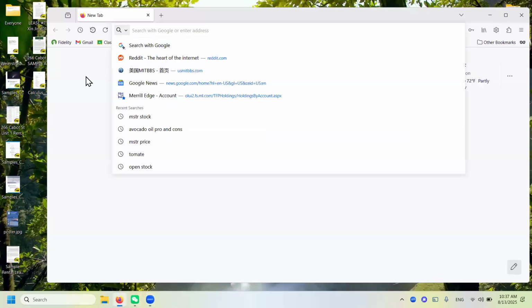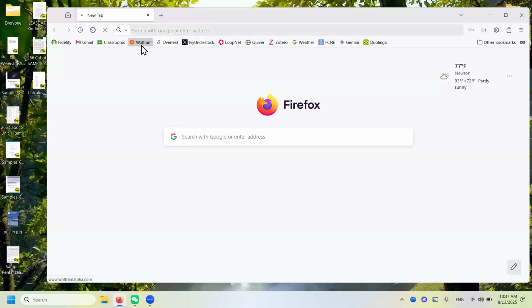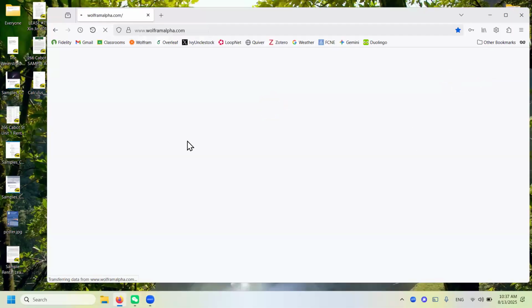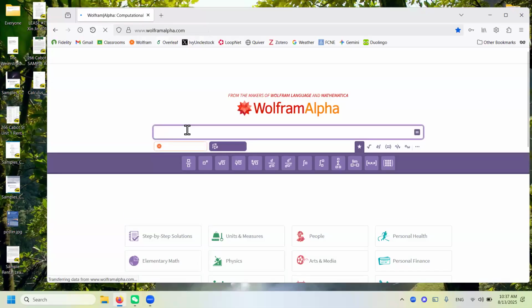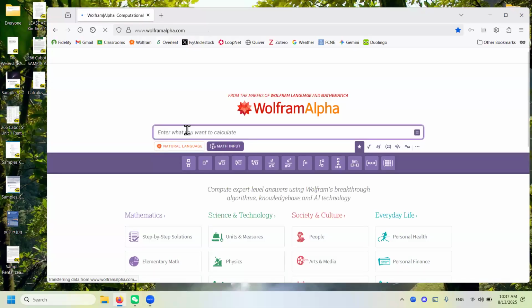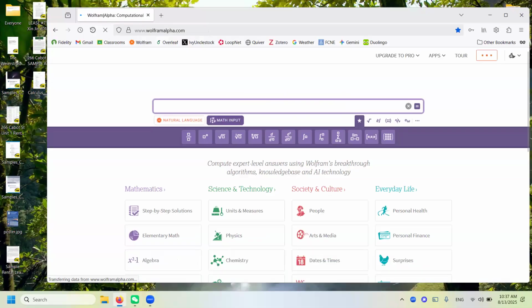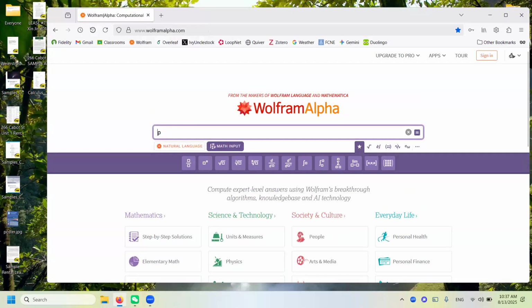Okay, let's see a few examples. So plot cosine 2t, sine 3t from 0 to 2 pi. I'm not sure if you can understand. Let's try.